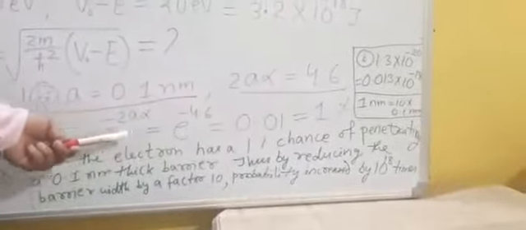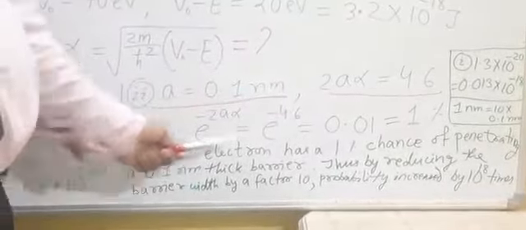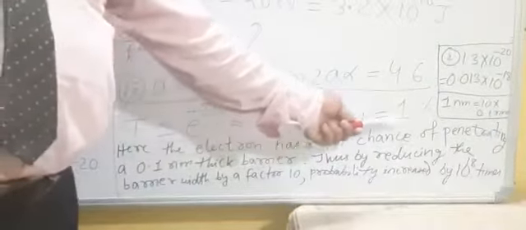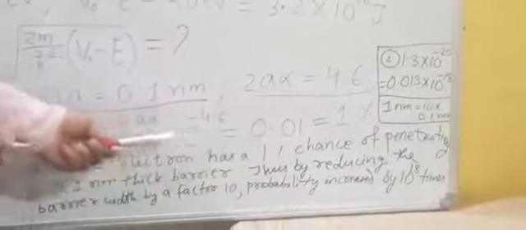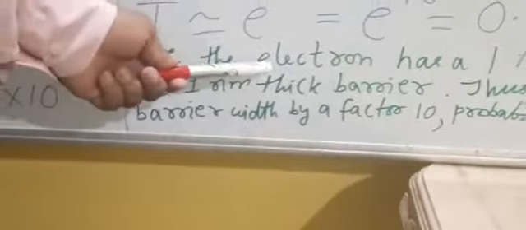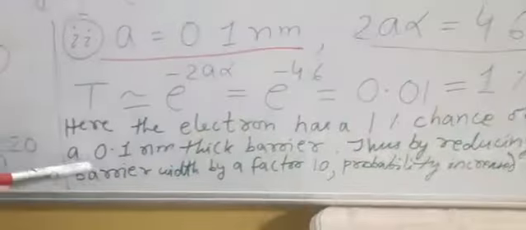So by applying the formula, you will get transmission probability equal to 0.01. 0.01 generally means 1%. So the conclusion is that the electron has a 1% chance of penetrating a 0.1 nanometer thick barrier.